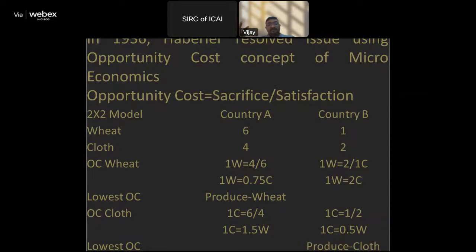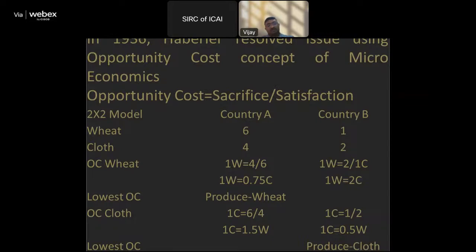That means, now 2 units of cloth for 1 wheat. So the opportunity cost of wheat will be 2C. So where the opportunity cost is low, opportunity cost for wheat is low in case of country A. So country A will produce wheat.